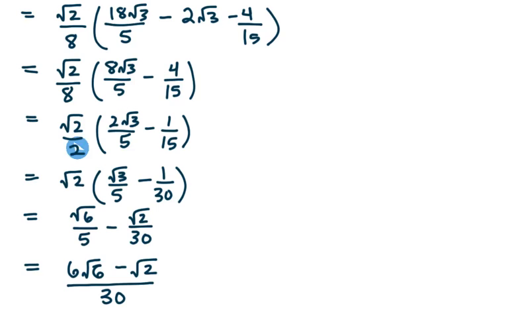We can factor out a 4, which turns that to a 2. And basically, we end up with 6 root 6 minus root 2 over 30. And that is how we integrate a continuous function across a surface, a surface integral.